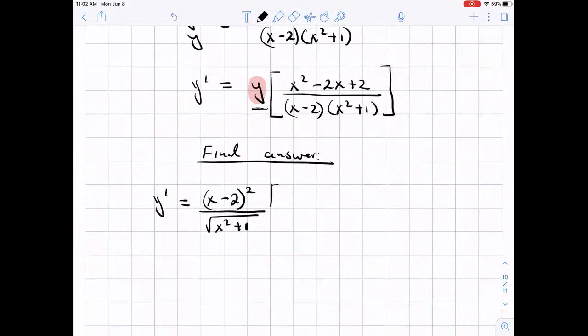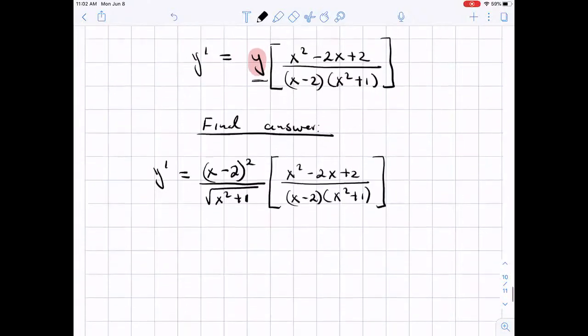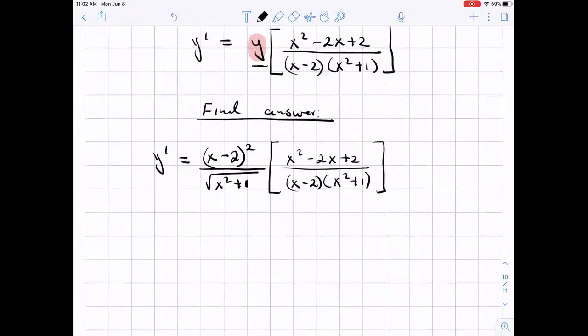And then I'll multiply that by x squared minus 2x plus 2 divided by x minus 2 times x squared plus 1. And I'm sure if you want to simplify this even more, you can. We can write this as one fraction. But I will take this as an answer, or you can simplify more.